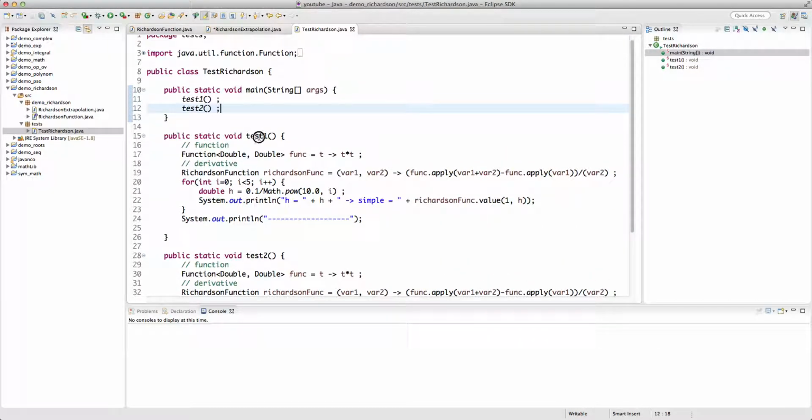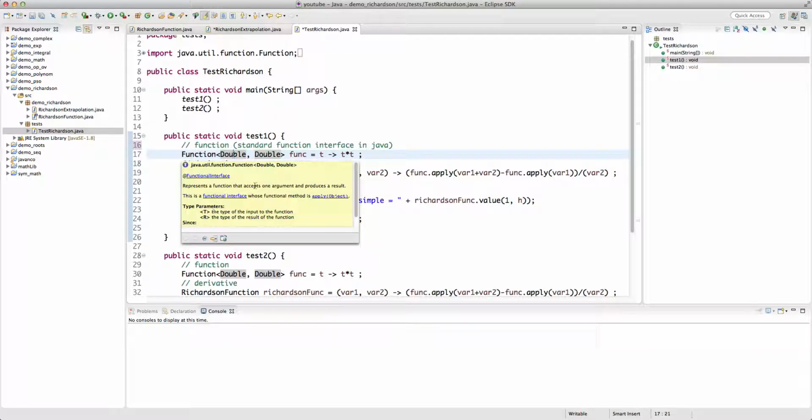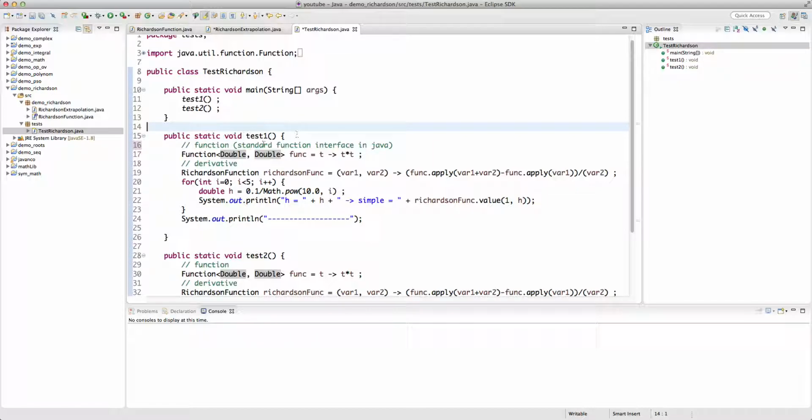basically what happens in test 1. I create a function and I'm using the standard function interface in Java, which takes a double and returns a double, okay? So T and R. T is the type of the input, R is the type of the result, alright?